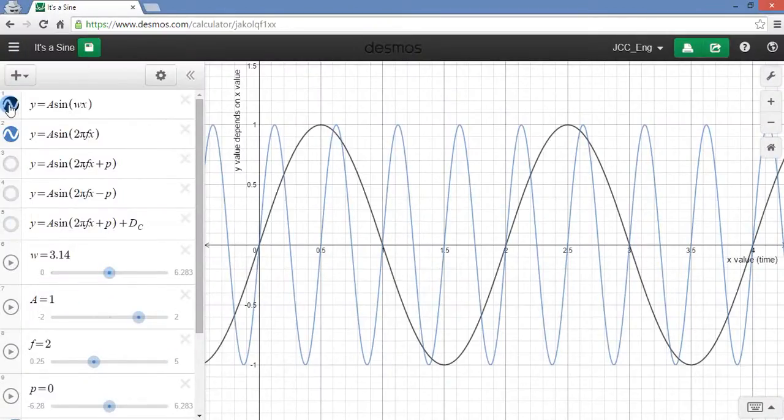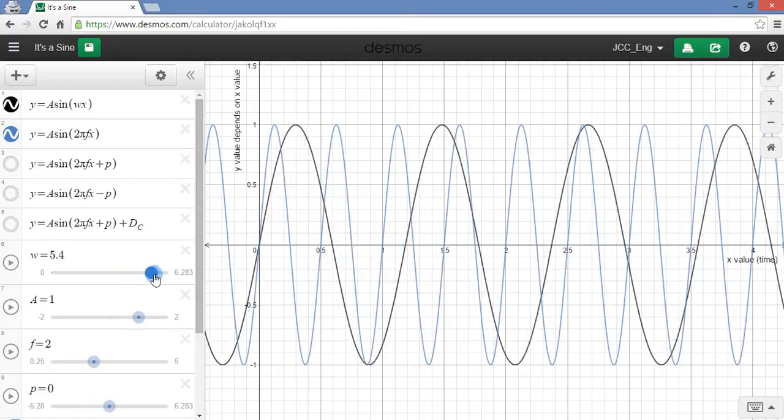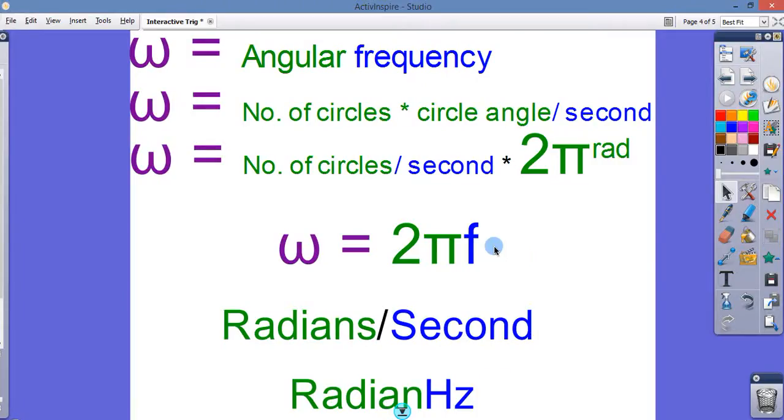Well, let's change omega and see what value it has when it reaches and matches this. Can we do it? We can't do it here because we need, if this is going to be 2 and on the denominator is 2 pi, then that has to be 4 pi.